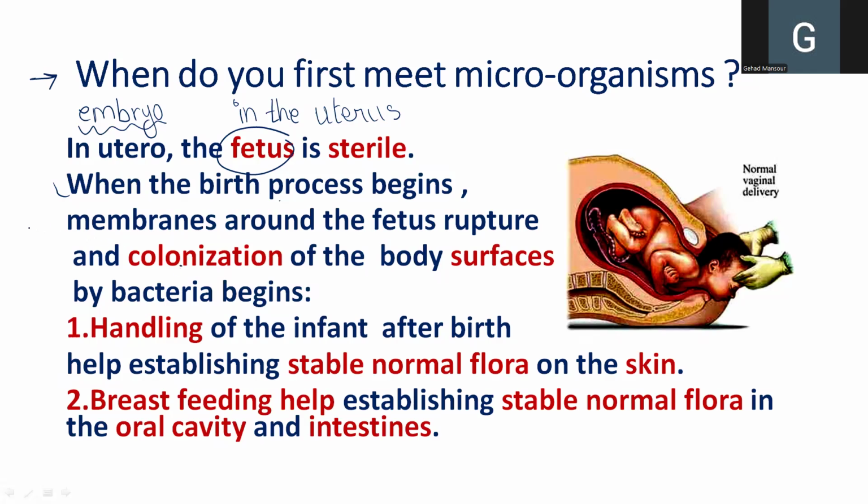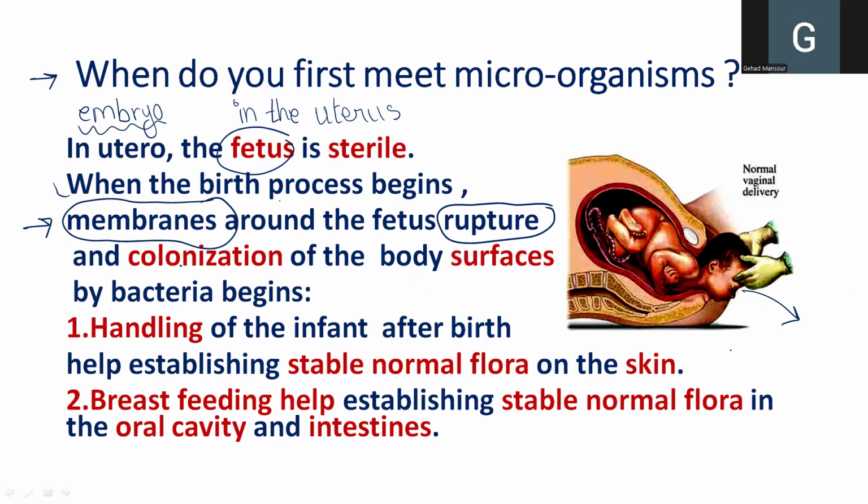But what happens at the time of birth? There is rupture of the embryonic and fetal membranes that surround the fetus. And there is a water gush, the water that covers the fetus will be released from the vagina. And you are delivered outside the body.